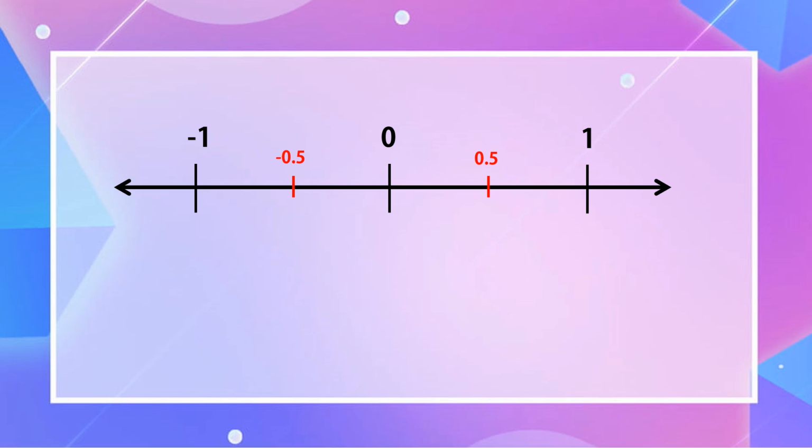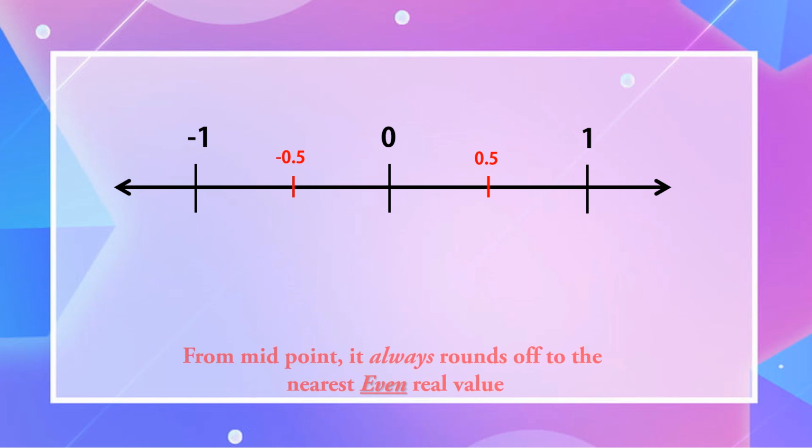You might have noticed that so far the rounding off is done similar to Math.round. Now let us see from midpoint how does it behave. It always rounds off to the nearest even real value. That is, if it is 0.5, it goes to 0, since 1 is odd and 0 is even.